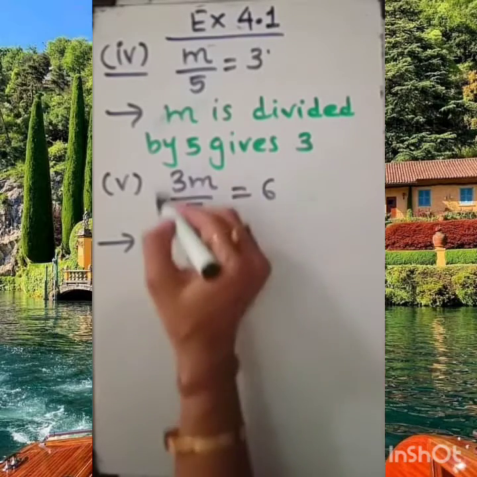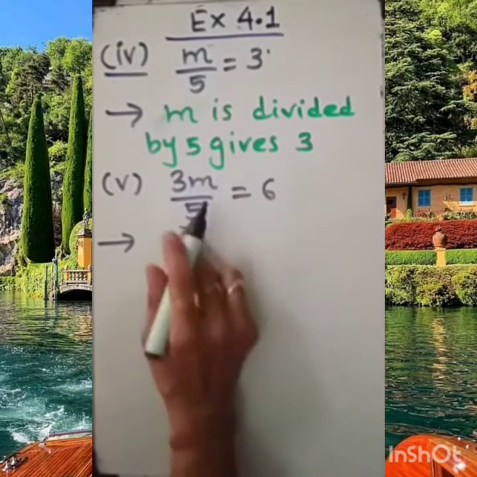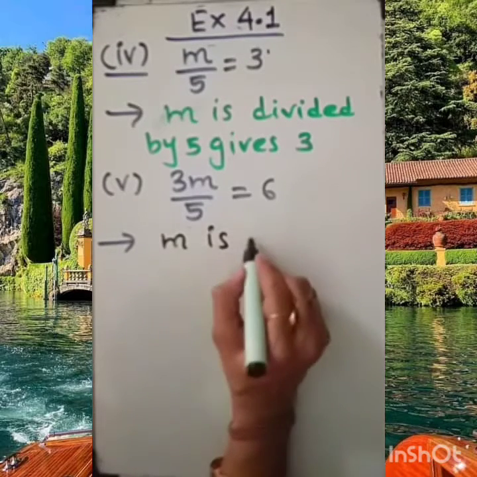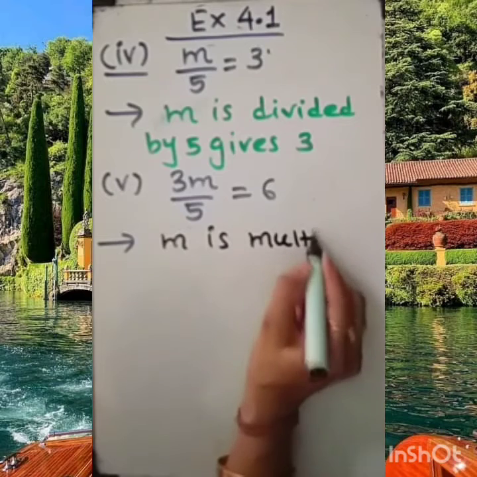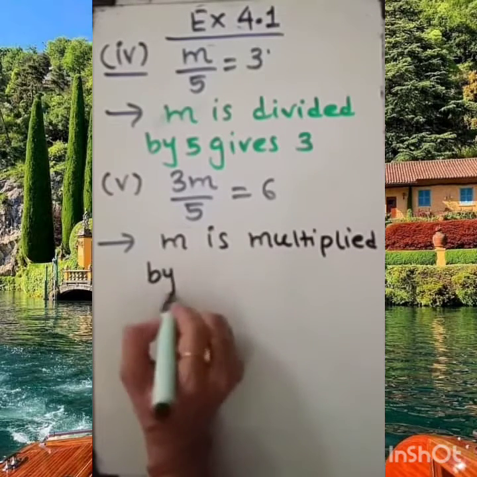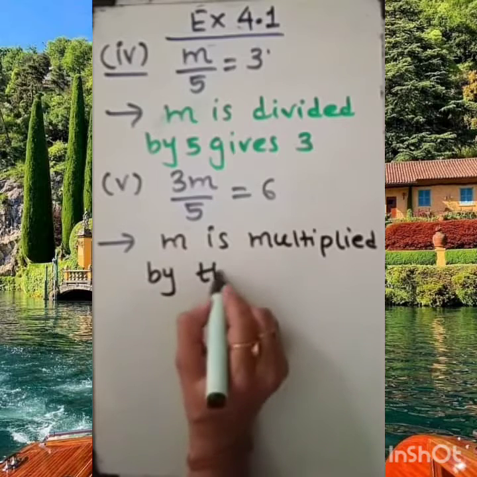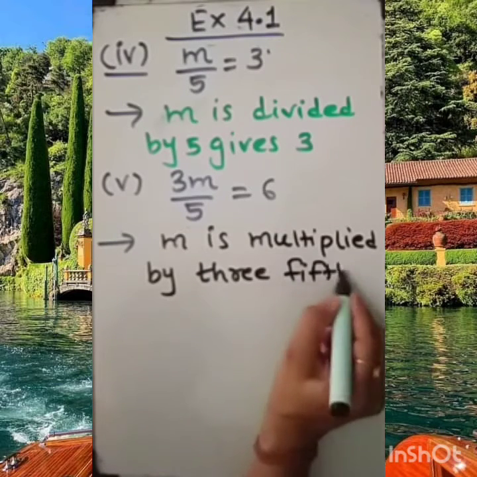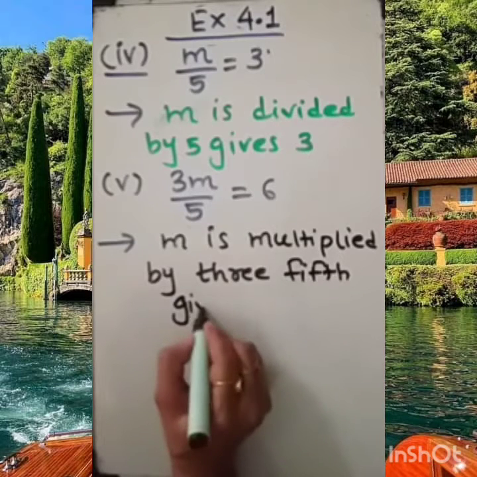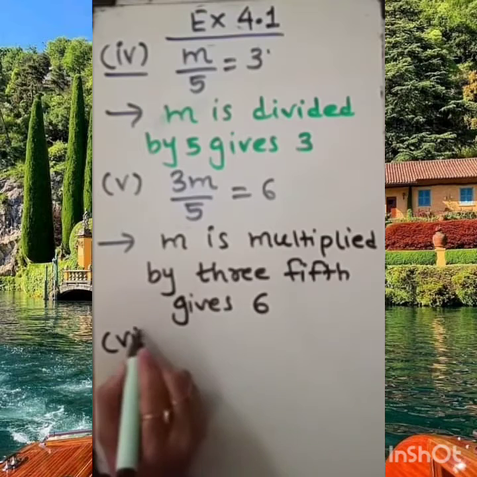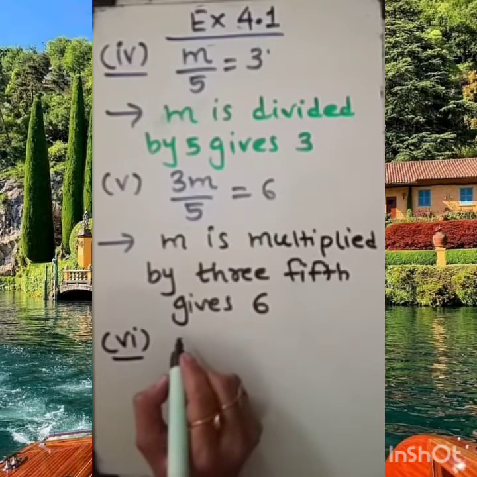So we need to write here m is multiplied by 3/5 gives 6, gives 6 as a result.